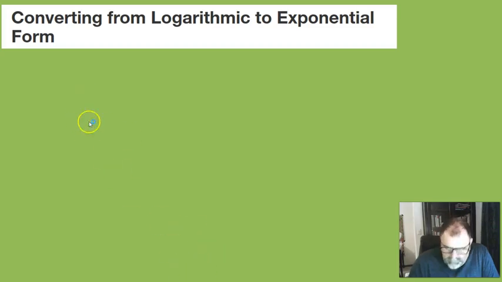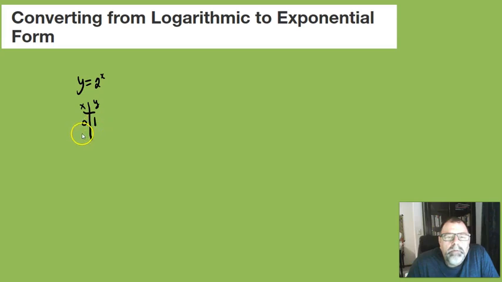Okay, so first I want to talk about exponential functions and their relationship to logarithmic form. So if we had this function and we did some xy values, 2 to the 0 is 1, right?